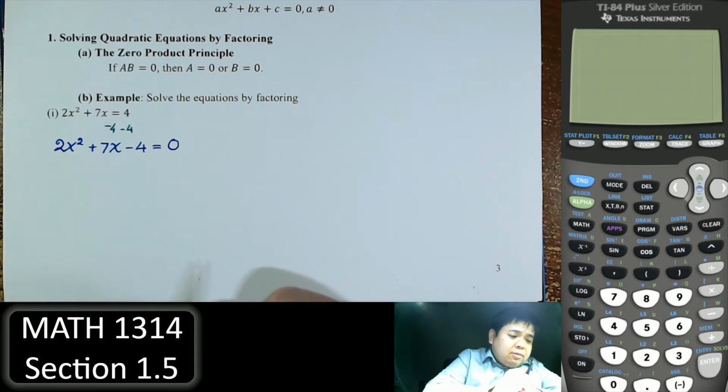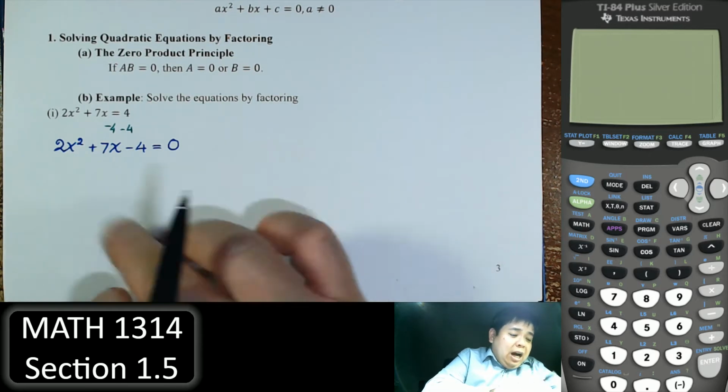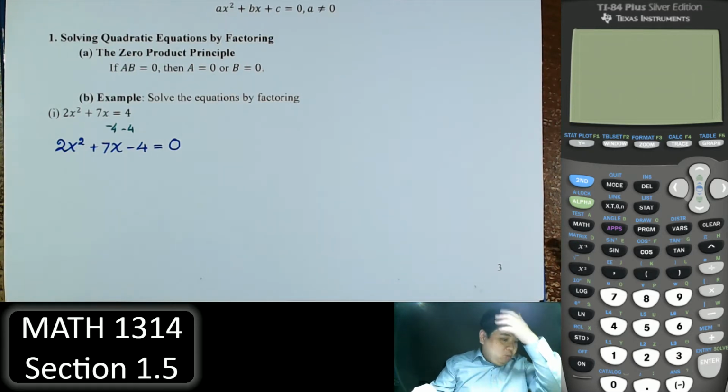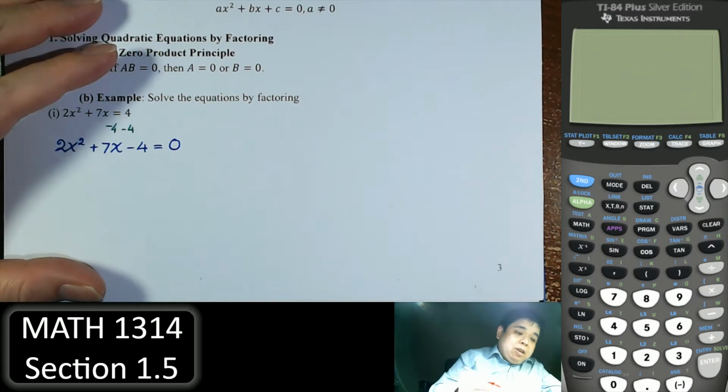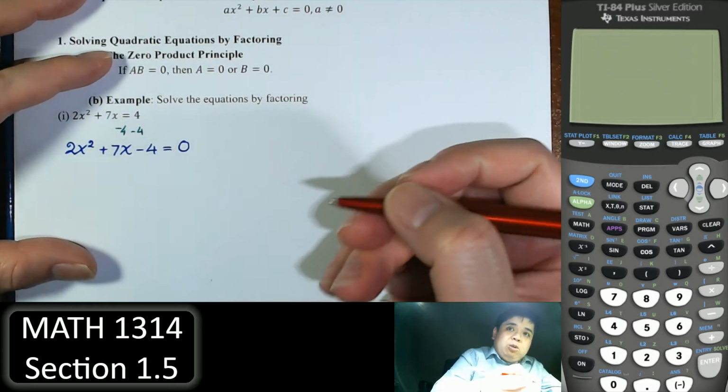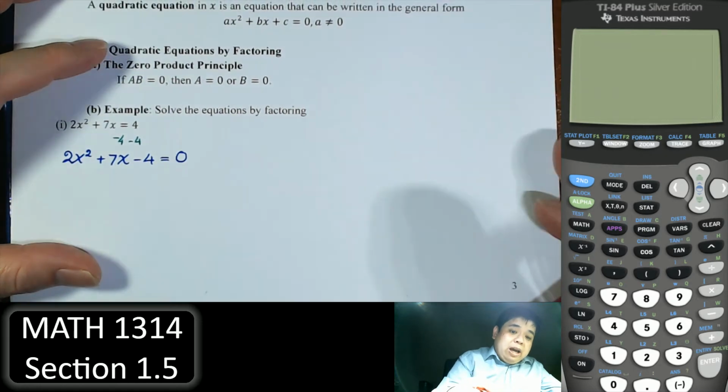Right. Now, factoring. Somehow we turn this into factors. That would be nice. But this is the way I do factoring. I'm just going to write the steps. So we have 2, 7, and negative 4. The way I do factoring is using the product and the sum.